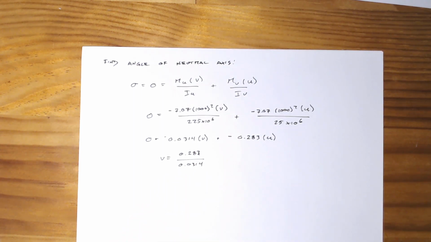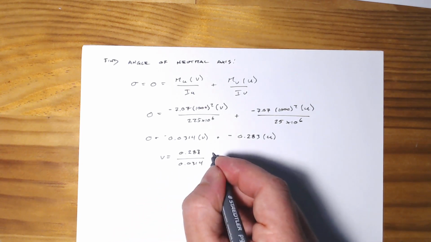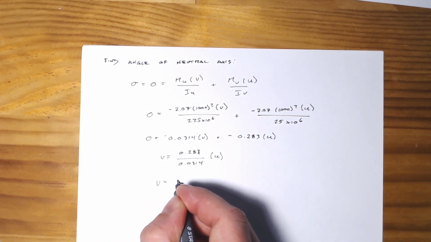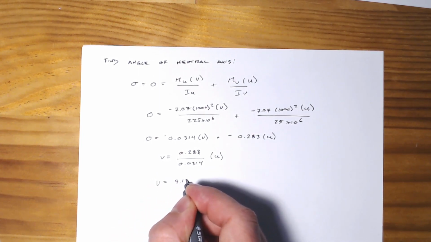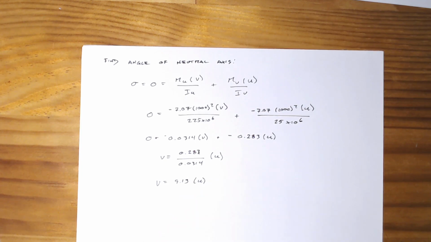Let's just calculate that real quick. V equals 9.13 times u.